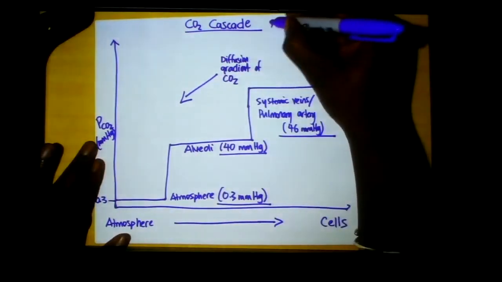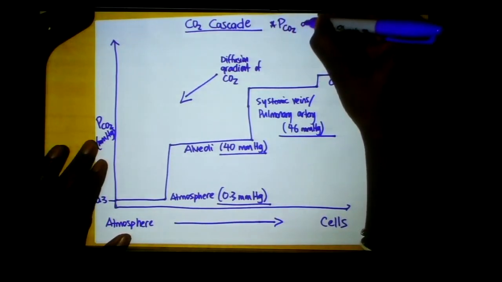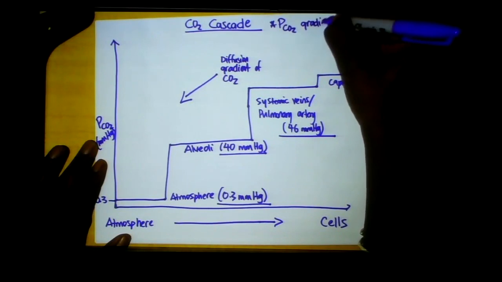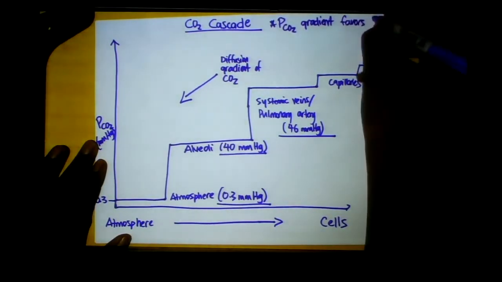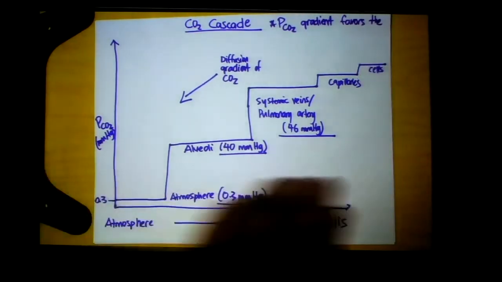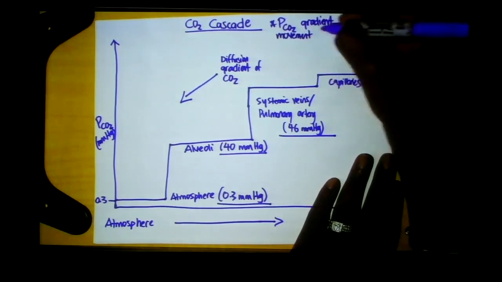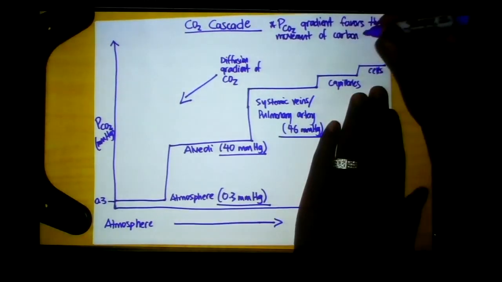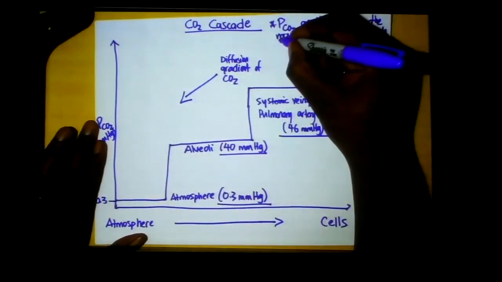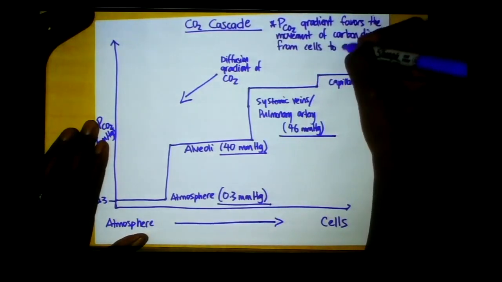So we can also make a note here that the partial pressure of CO2 gradient favors the movement of carbon dioxide from cells to the atmosphere.